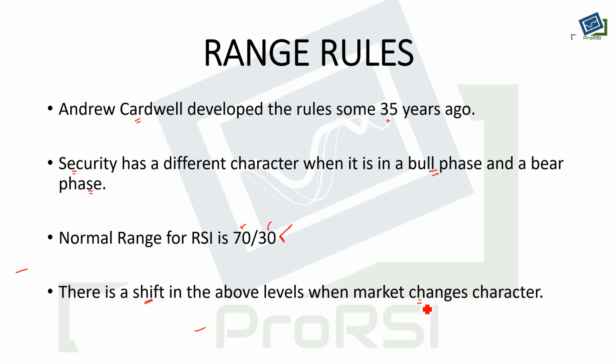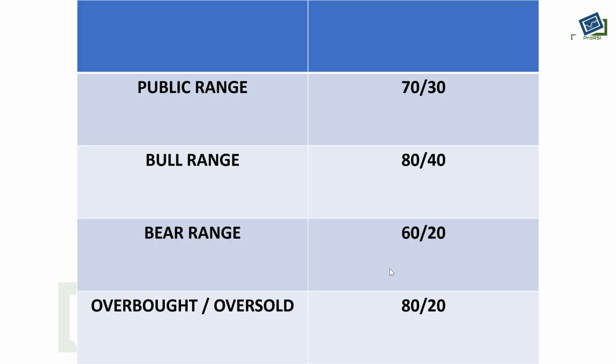That means when the market is in a bull trend, this 70-30 won't work, or when the market is in an extreme bear trend, the 70-30 won't work. So he recognized different levels. What he called the public range means every public follows it. Generally people follow 70-30.